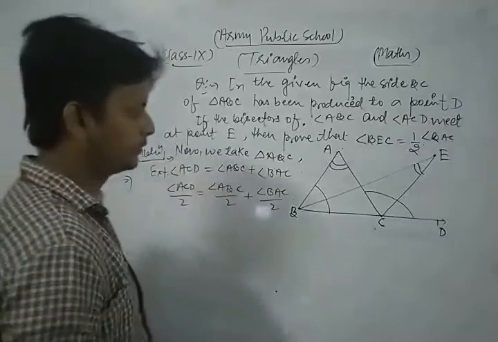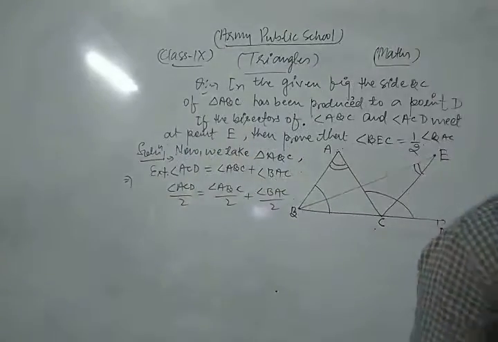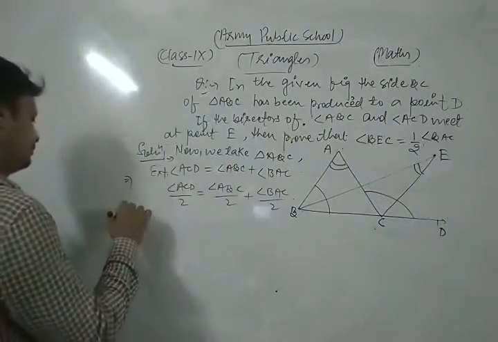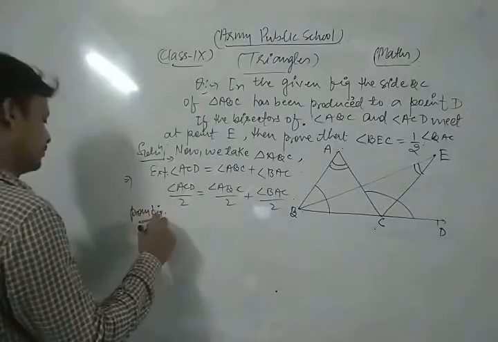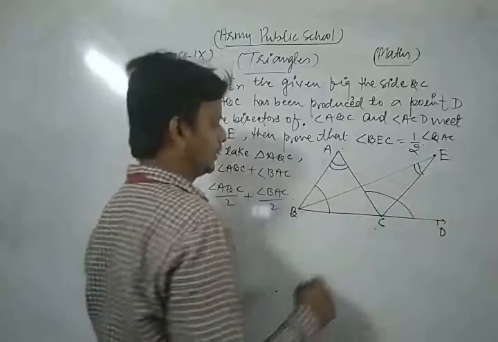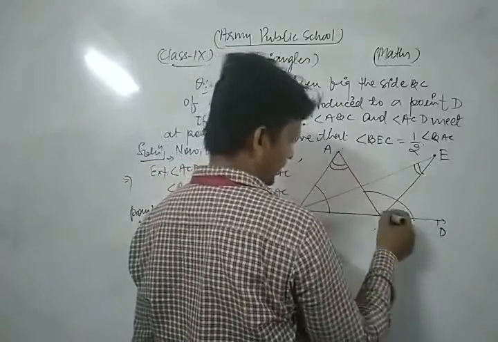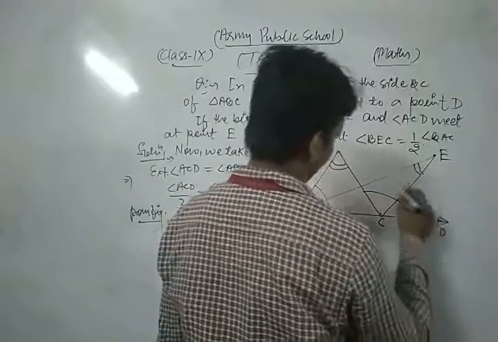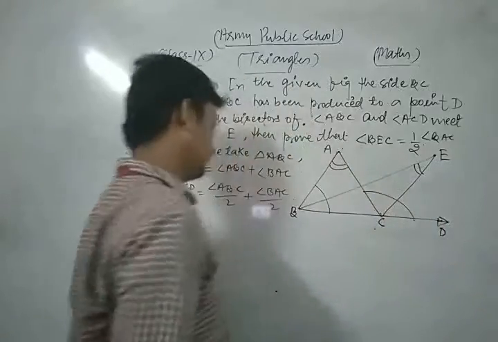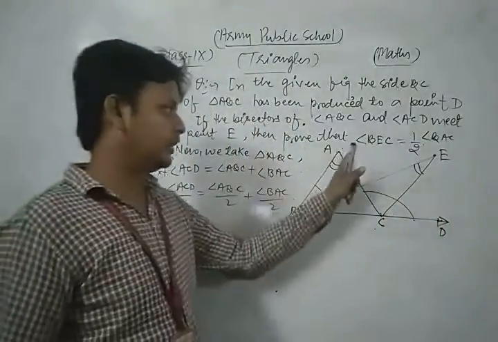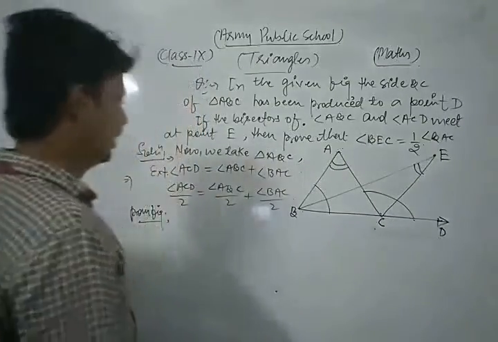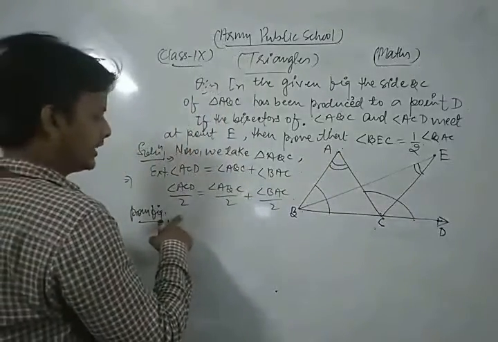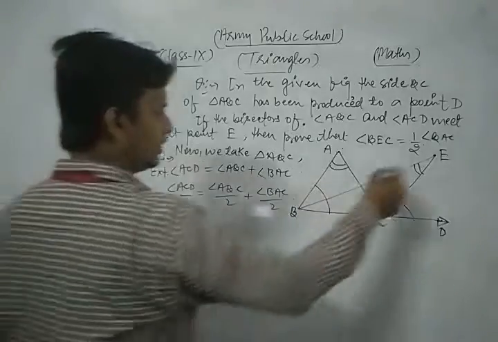angle BAC. Now, according to the figure, CE is the bisector of angle ACD, so we can write half of angle ACD is equal to angle ECD.